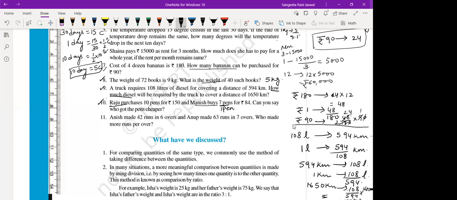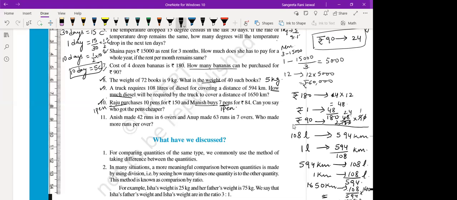Then whoever spent less amount, that person got the pens cheaper. Good. So please find, children. Do it yourself now. Everyone must do it yourself.